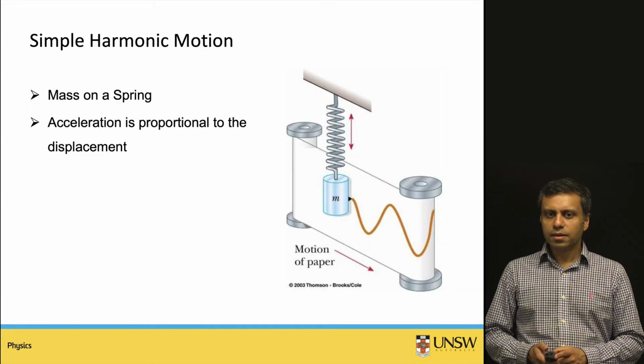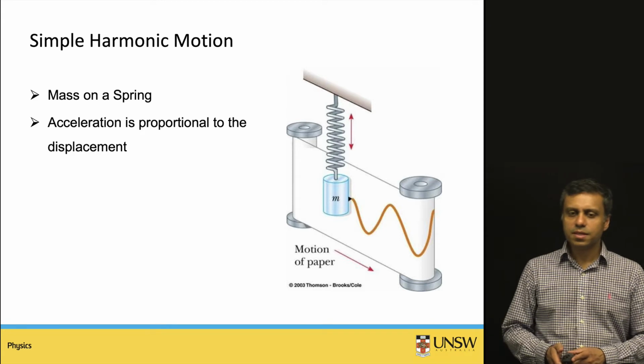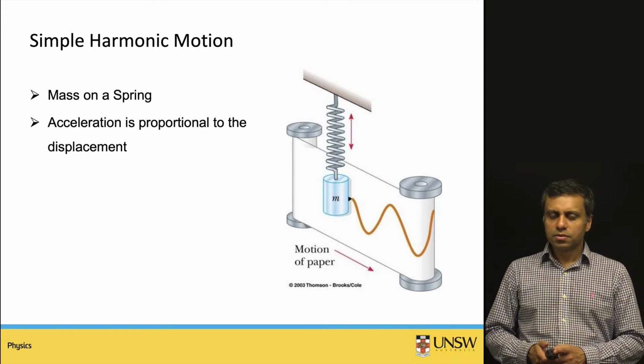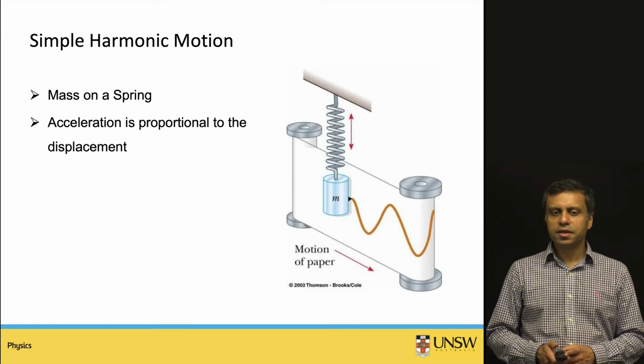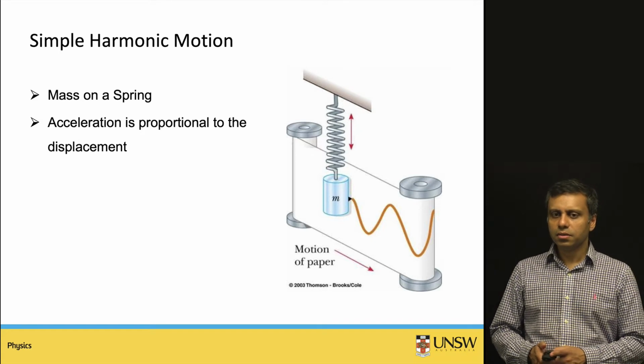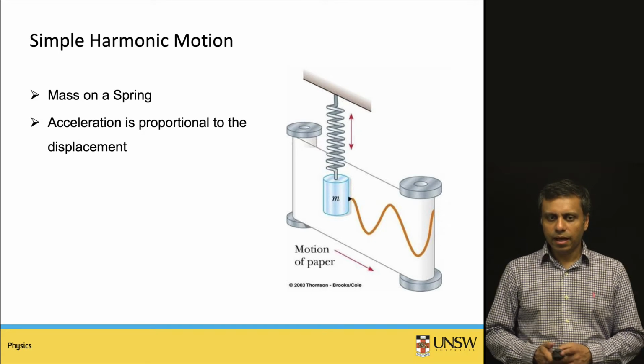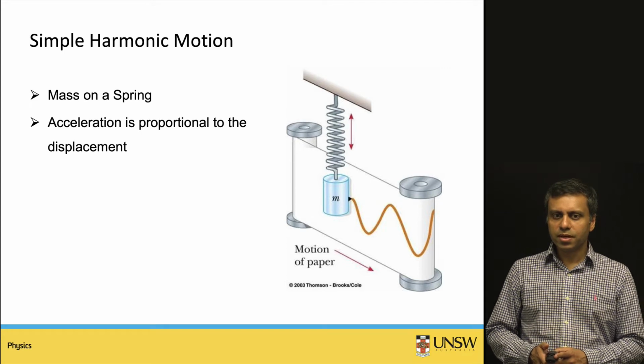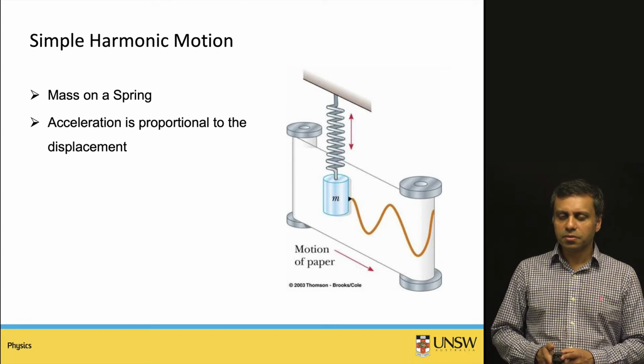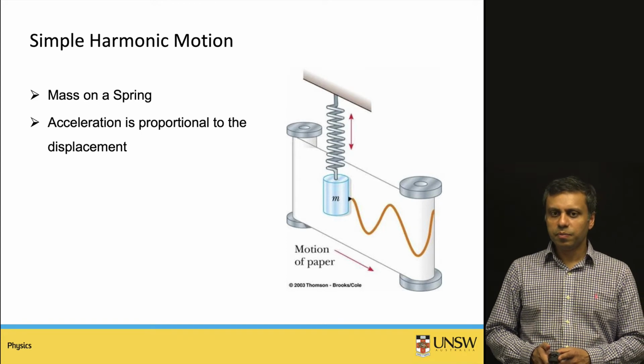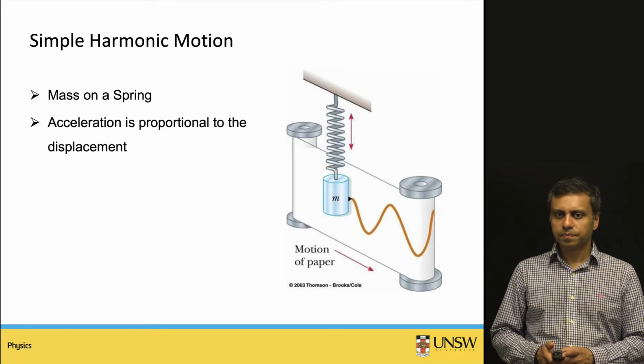An important case of waves is simple harmonic motion. This is the case when the acceleration of an object is proportional to its displacement. For example, the mass on a spring system undergoes simple harmonic motion if disturbed from its rest position.